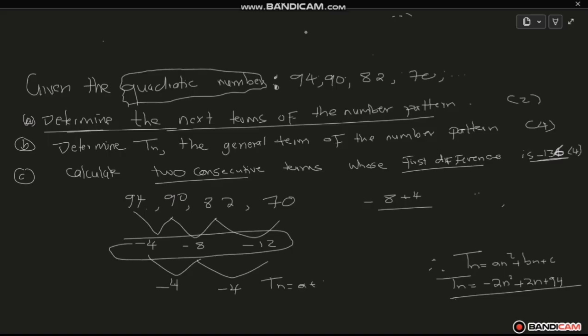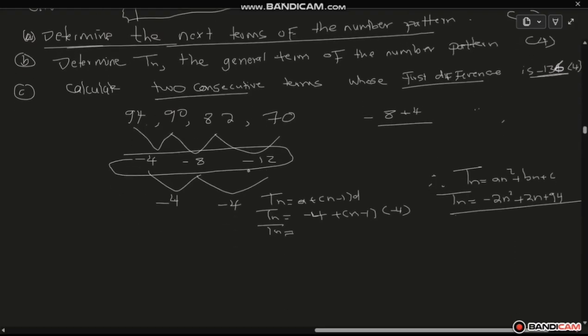Therefore, Tn equals a plus (n minus 1) d. What is the value of a? It's negative 4. We use it as our original, plus (n minus 1), then d is negative 4. Okay, let me go up.